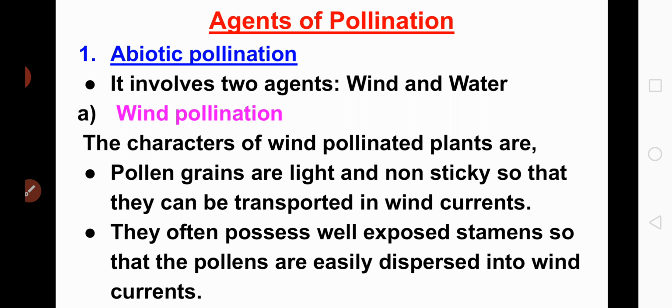And the second is that these plants possess well exposed stamens, so that the pollen is easily dispersed into the air current.